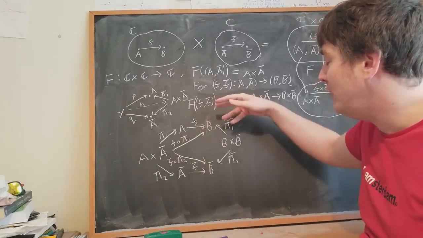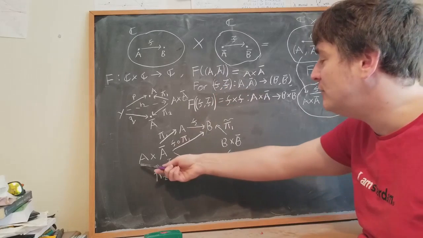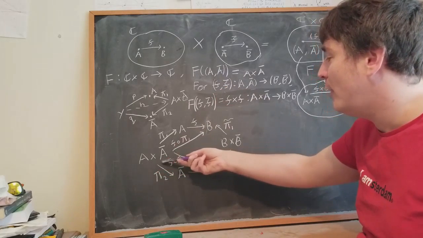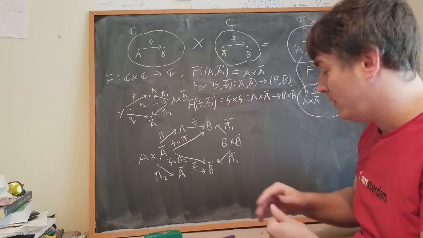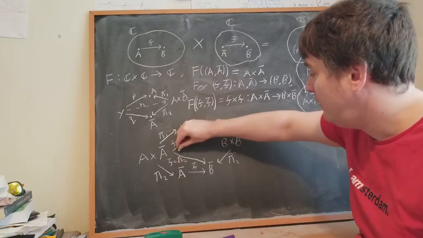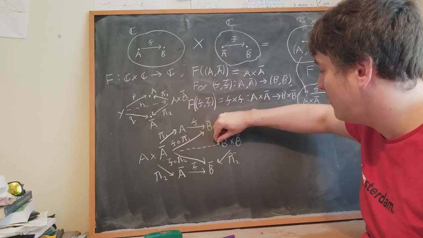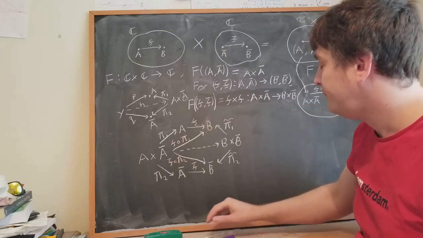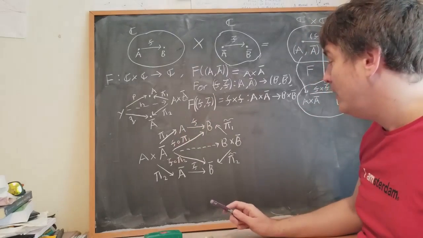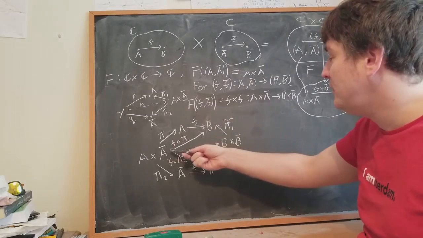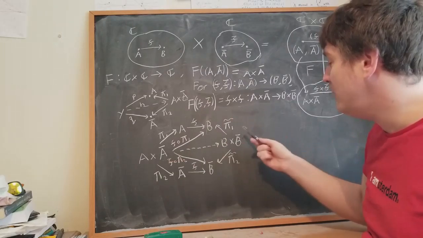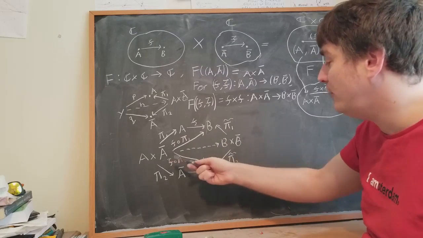That means there's going to be a unique intermediary arrow from this candidate to this, which is going to be like this, which has the property that going along here and here as a composition gives us this, and going along here and here as a composition gives us this.